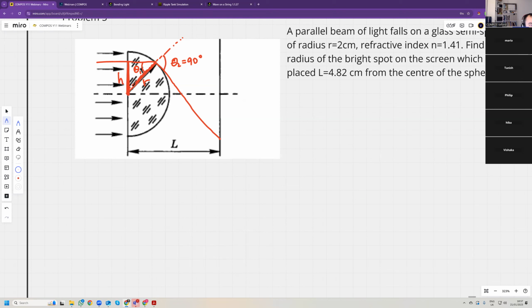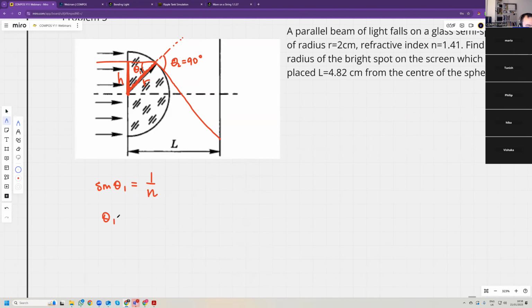Okay. And theta 1 is the critical angle. Well, we already know that sine theta 1, so that's the critical angle, is 1 over n of the refractive index.